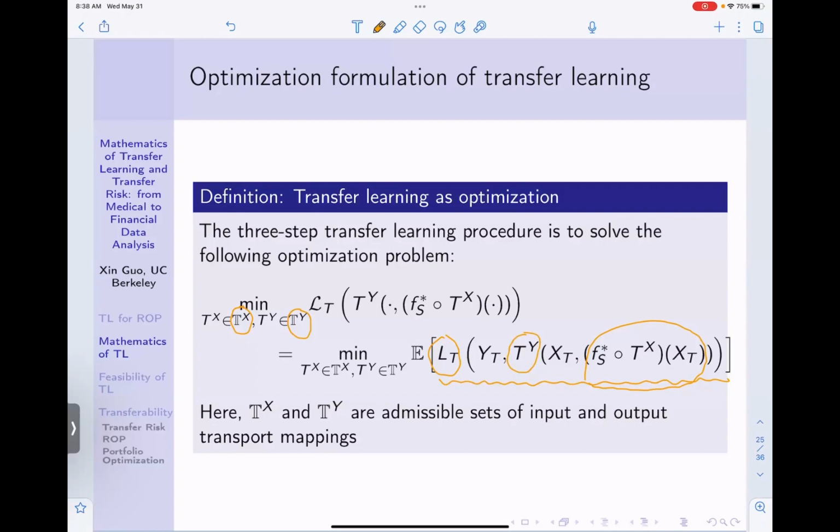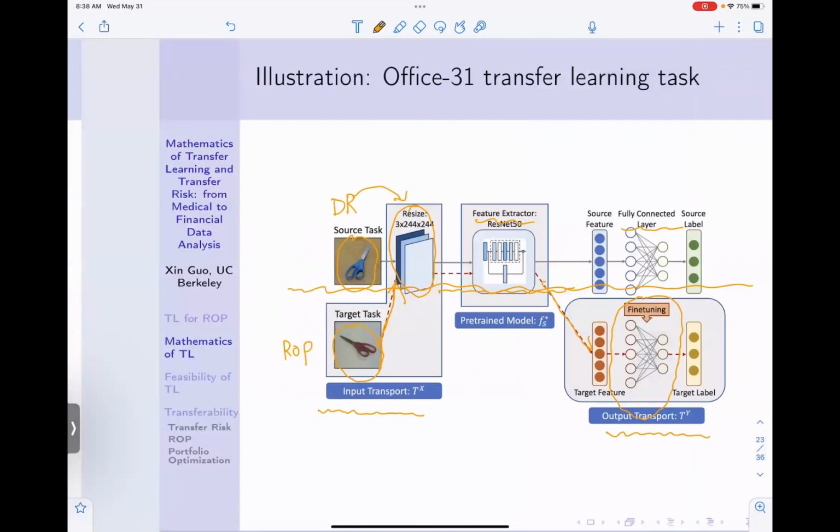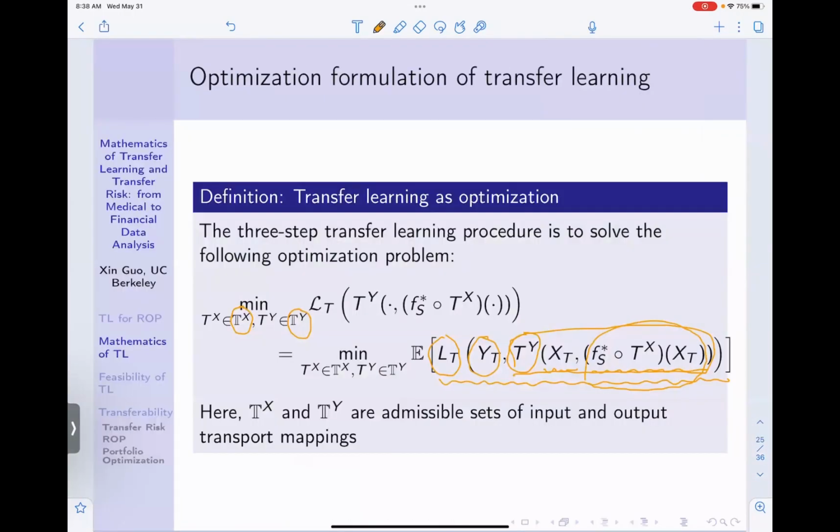Then the output, with the output mapping applied to XT, you compare the label data with this adjusted output, and then try to find the optimization. This is nothing but rewriting this three-way image. Okay, so now you look at this optimization problem.